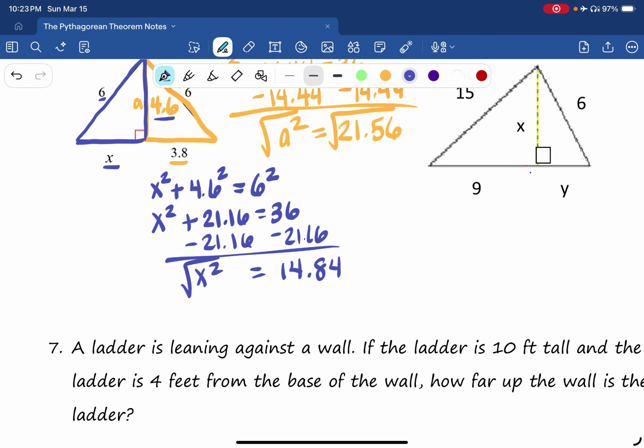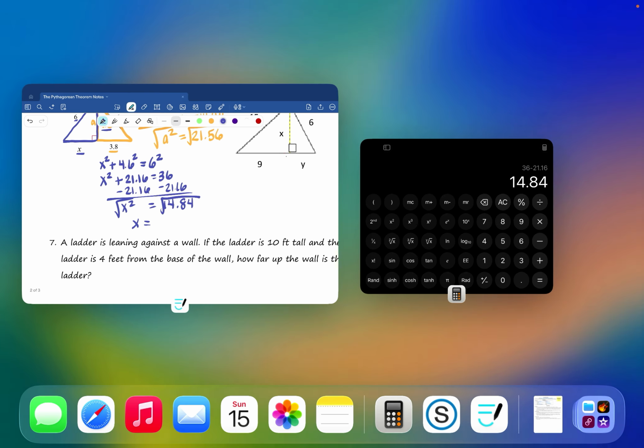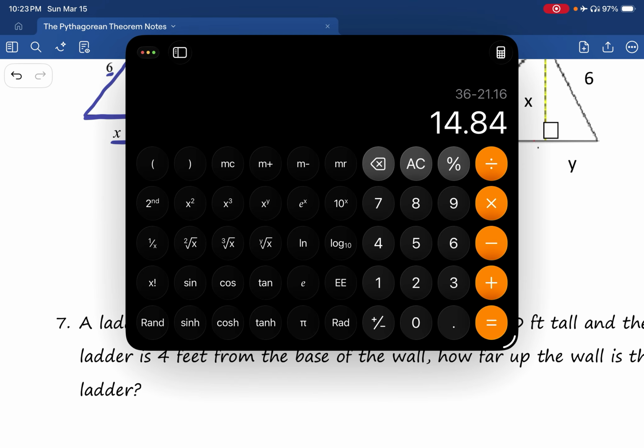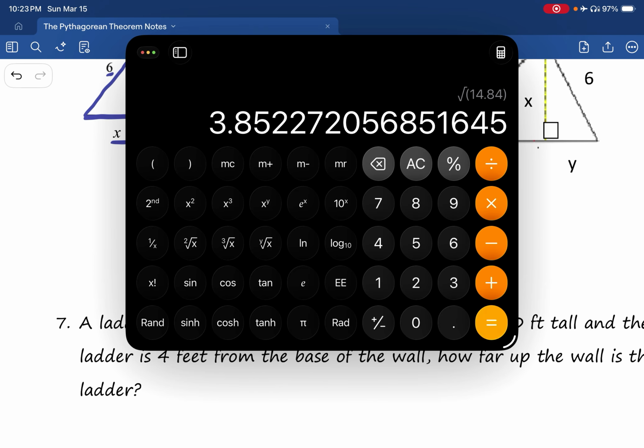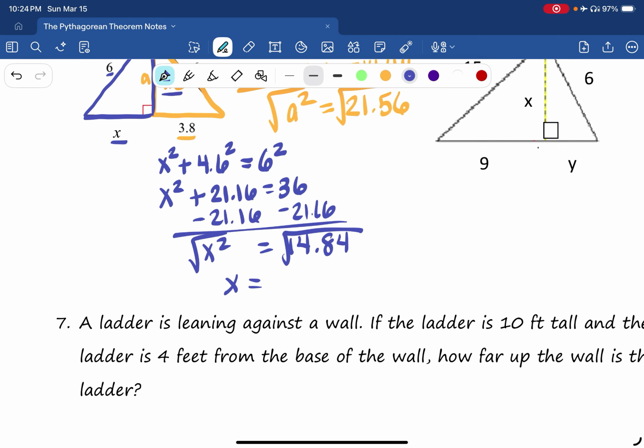And now we'll square root both sides. And let's see what we get for x. Okay, so square root this, hit enter. 3.85, which rounds to 3.9.